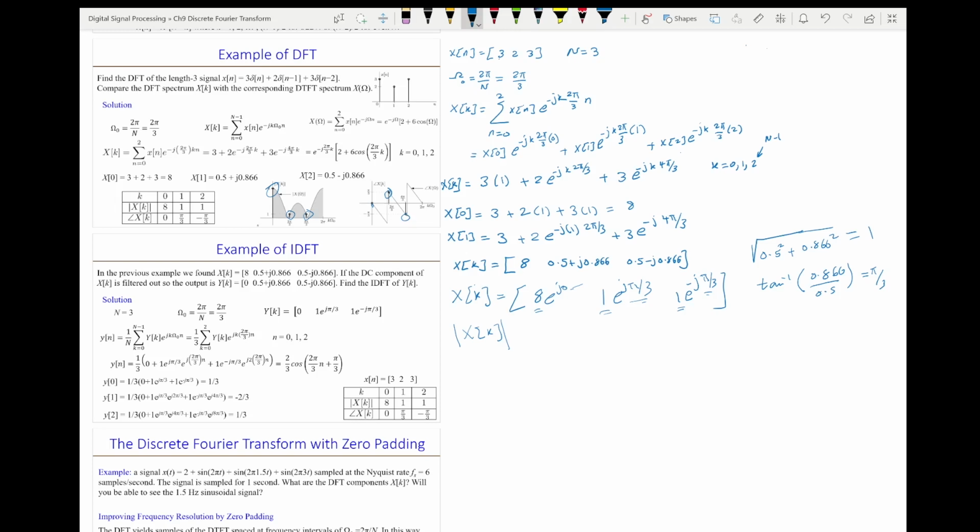Now, I also can rewrite these as follows. I will combine these two terms first, so the 3 will be out here. And then I will take e^(-j 2 pi over 3 k) as a common factor from this term and from this term.